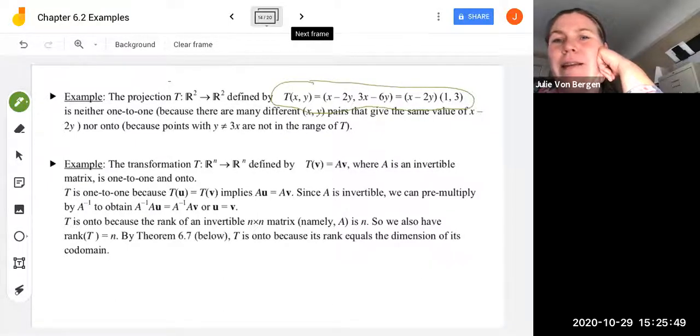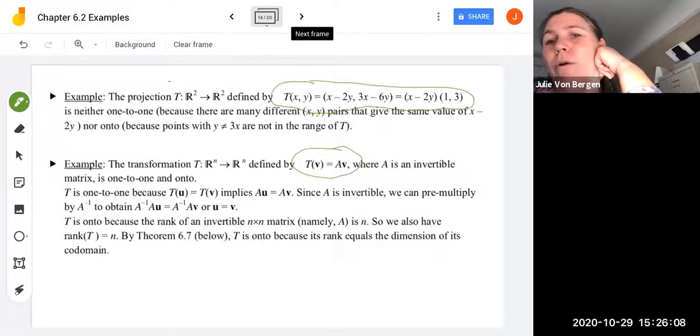Okay, let's take a look at the next example. The transformation from Rn to Rn defined by T of V equals A multiplied by V, where A is an invertible matrix, is going to be both one-to-one and onto. Because A is invertible, that's going to help us out here.